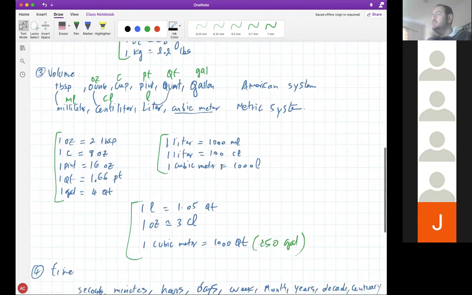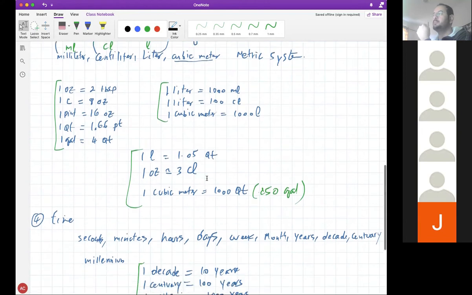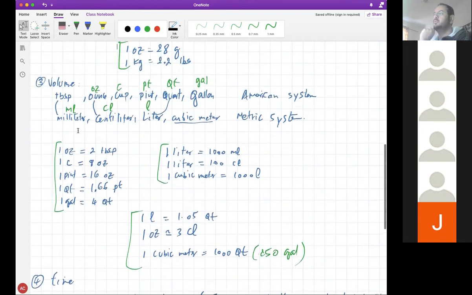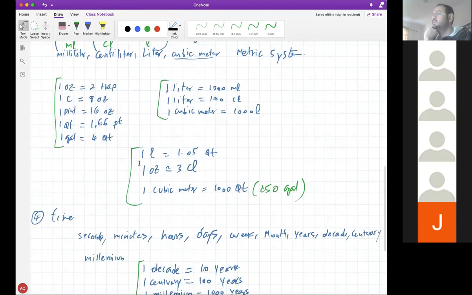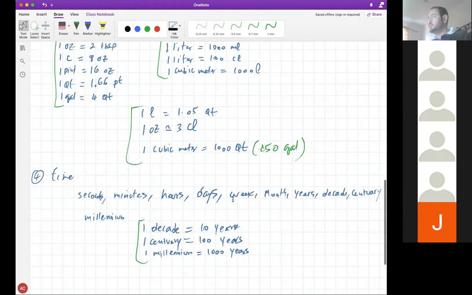A gram is small, like a pinch of salt. Remember exactly how much is what, just know a couple from each and the relationship between them, and you can do any conversions. I'll show you later how to do any conversions easily, using ratios or fractions or equations, whatever you want to use.